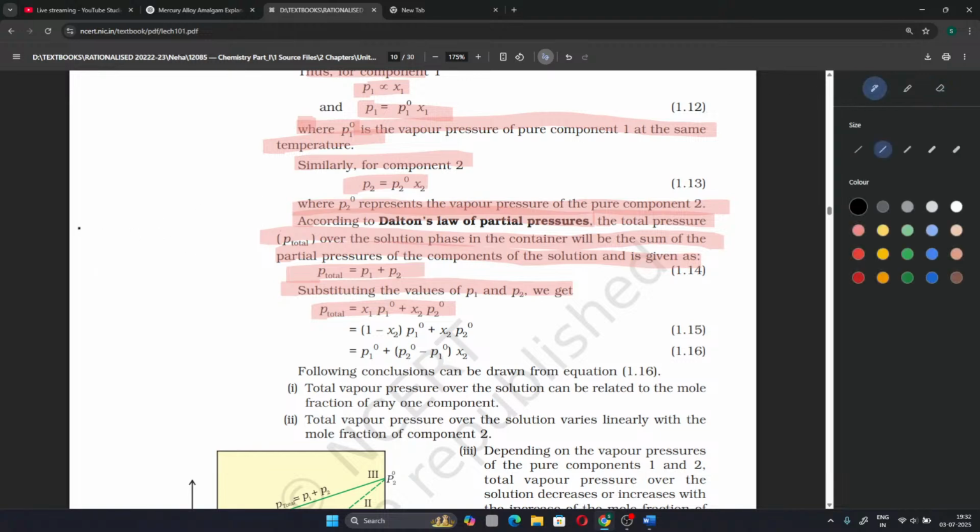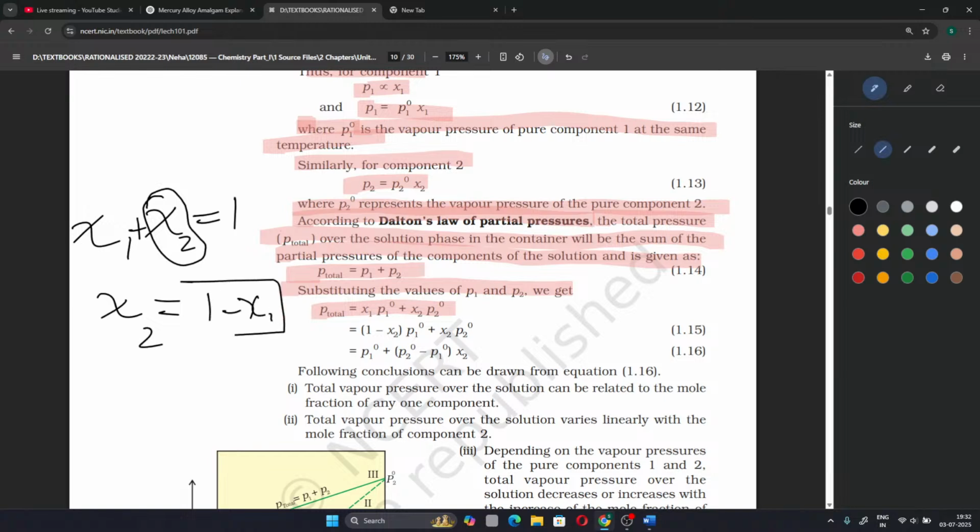We know that in a binary solution chi1 plus chi2 equals 1. So even if we don't know the chi2 value, we can get it easily for a binary solution: chi2 equals 1 minus chi1. This is what they did here.